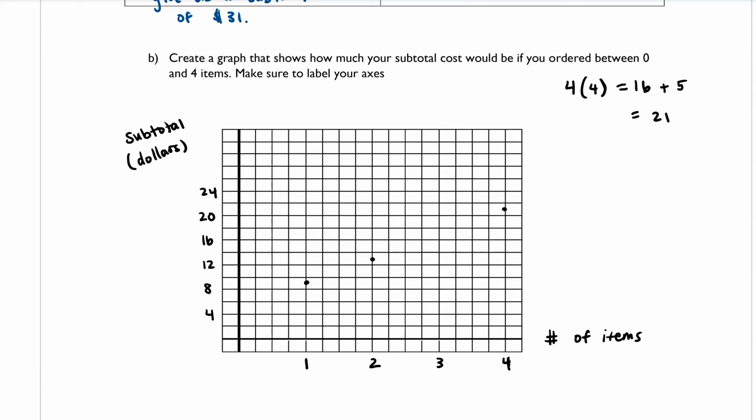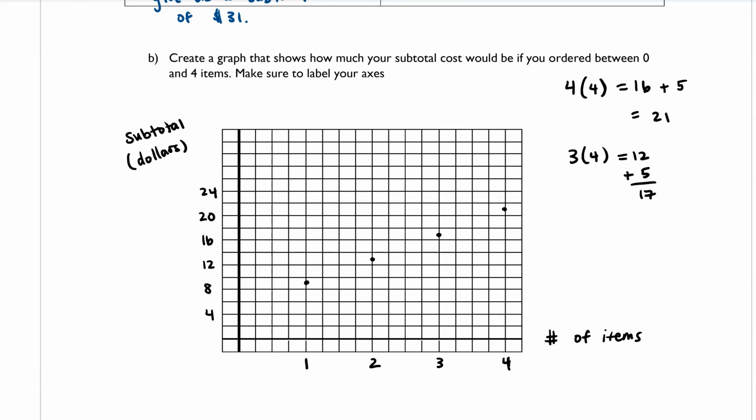And for 3 items, we would do 3 times 4, which is equal to 12, and then 12 plus 5 is 17, so that's going to be about right there.